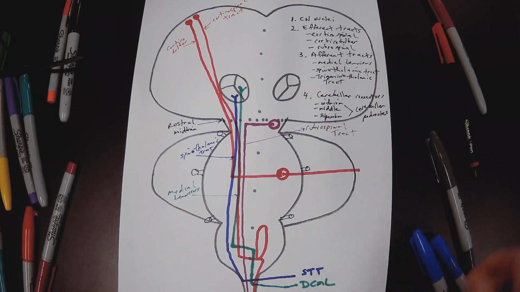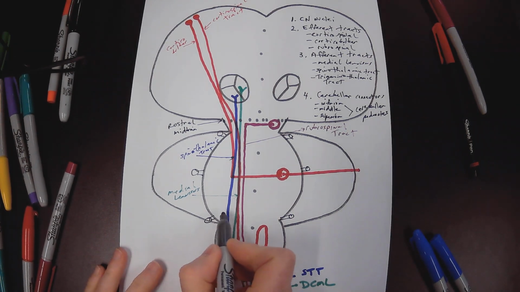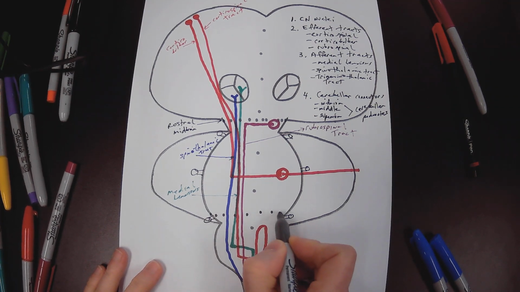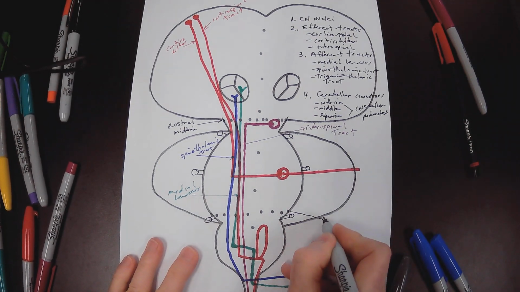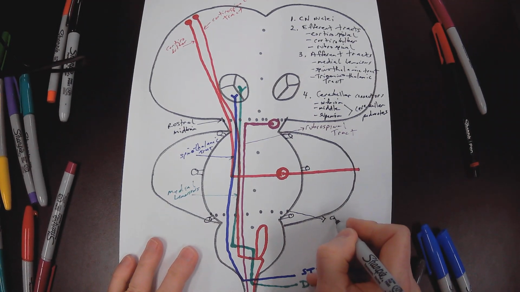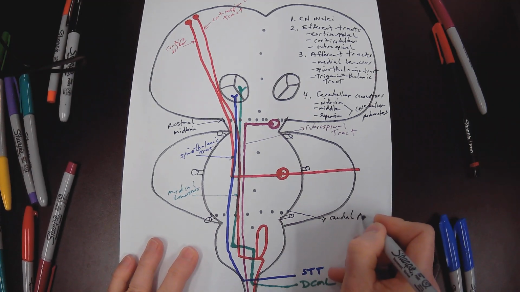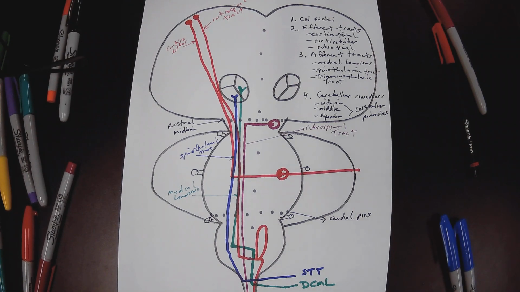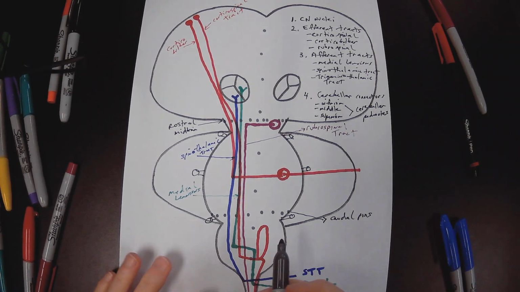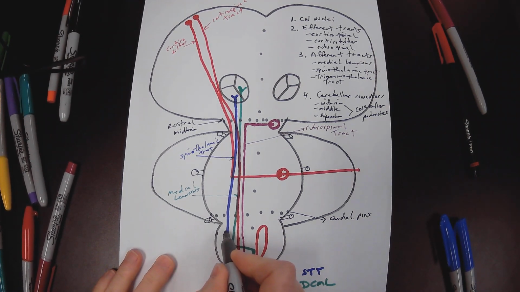We're also going to look here at the caudal pons. And we're also going to look at the rostral medulla, right about here.